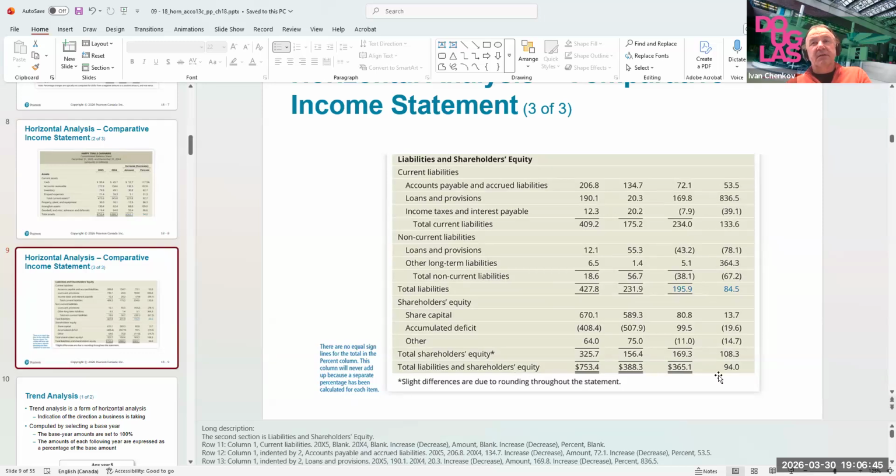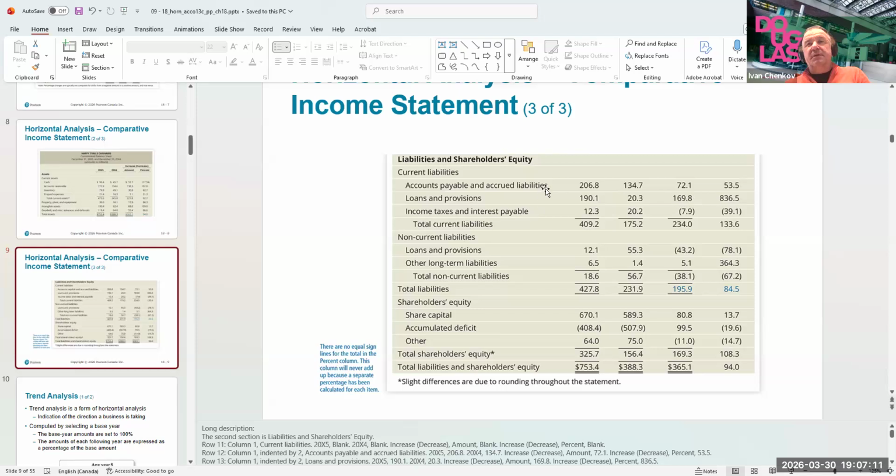Now, the thing is, where did that increase mostly come from? Did it come from the equity or from the liability? As we can see, it comes from the liability, not from the non-current liability. It actually came from the current liability.